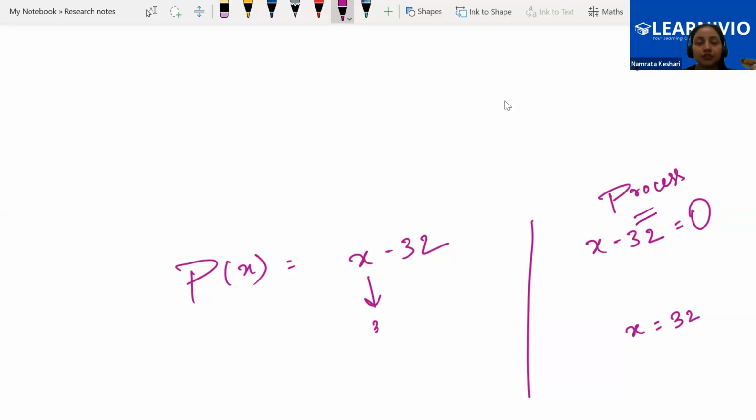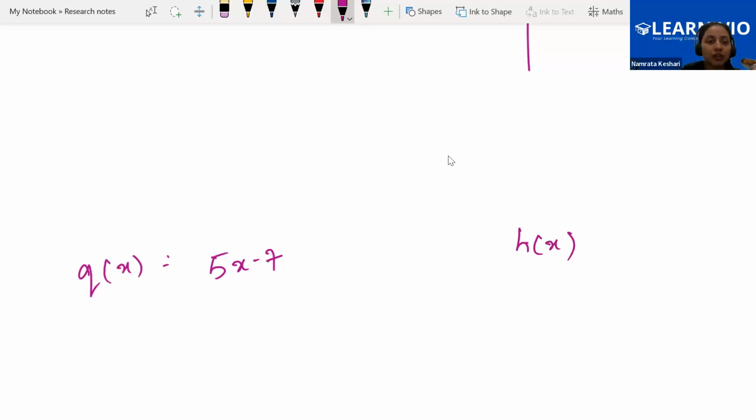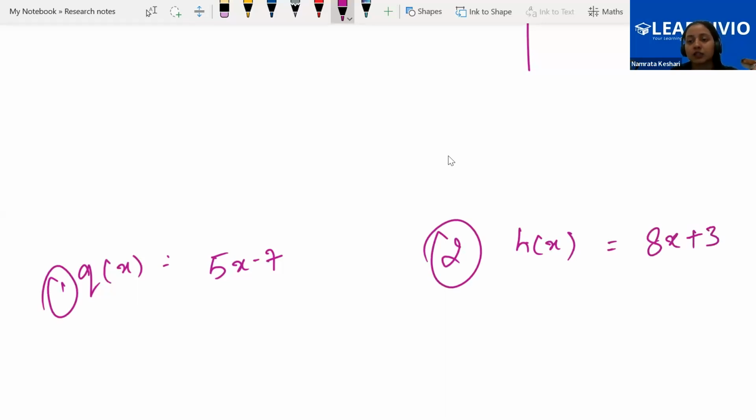So I'm going to give you a few polynomials quickly. Find the zeros of each and every polynomial. Our polynomial q(x) is equal to 5x minus 7. Number 2 is h(x) is equal to 8x plus 32.